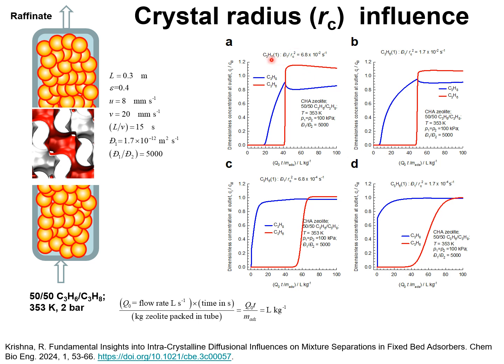For the breakthrough simulation shown here, the value of D1 divided by RC squared is 6.8 × 10^-2.